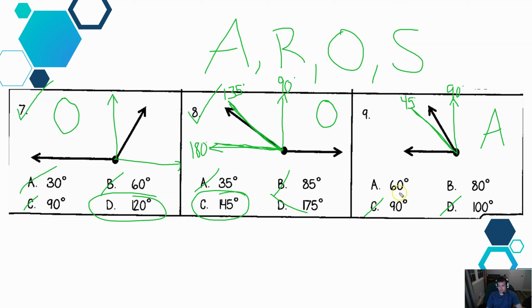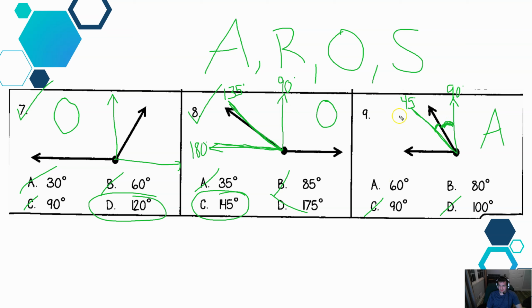So I'm looking for a measurement that's probably closer to 45 than it is to 90. 80 degrees is only 10 degrees away from 90. 60 degrees is 30 degrees away from 90, right? As you can see, the distance from here to here, or the turn, is going to be smaller than the turn from here to here, right?